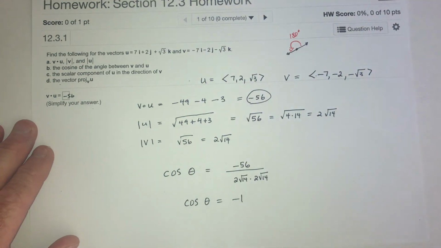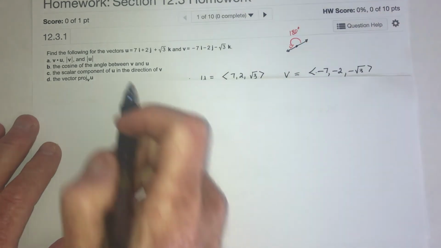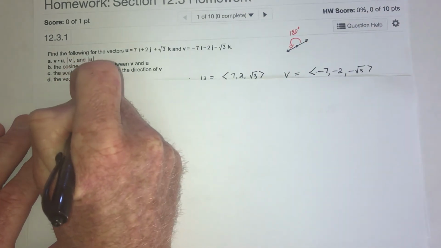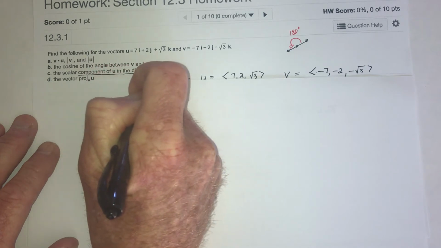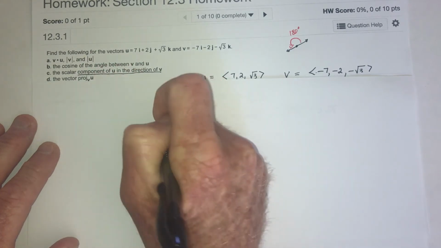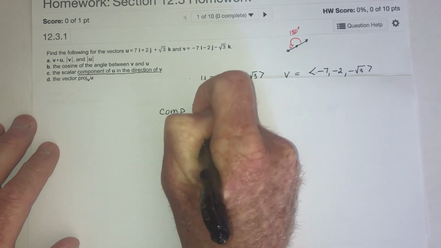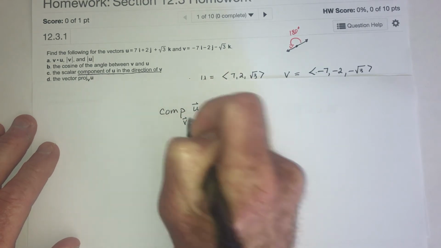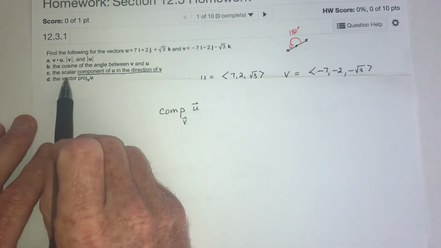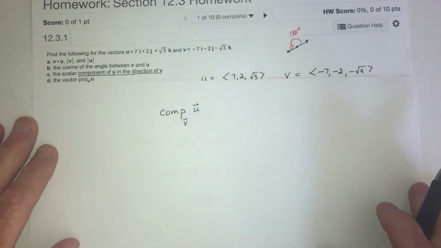Now I need another piece of paper. So for this part, find the component of u in the direction of v. And scalar just means you're going to get a number at the end.